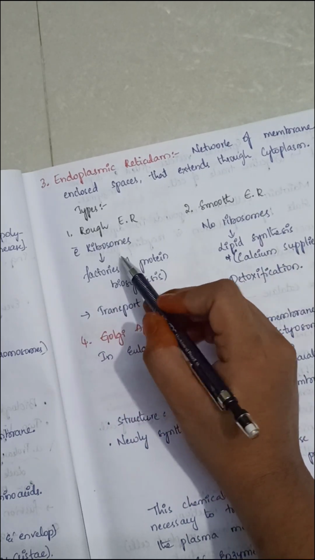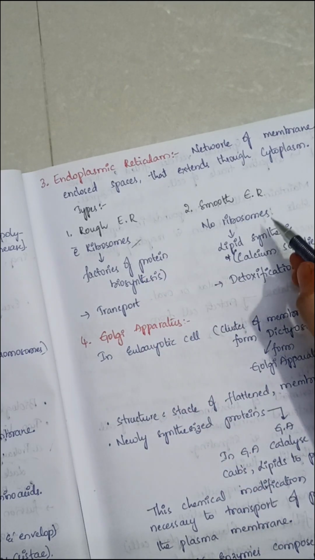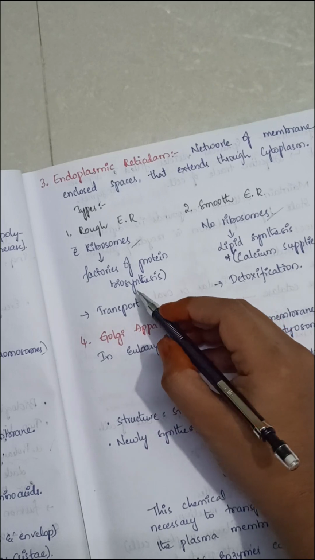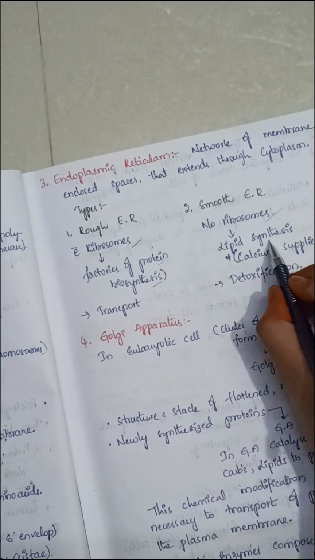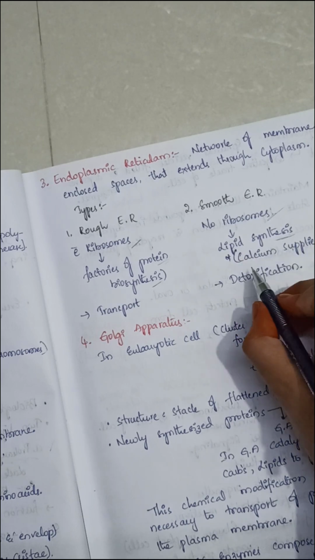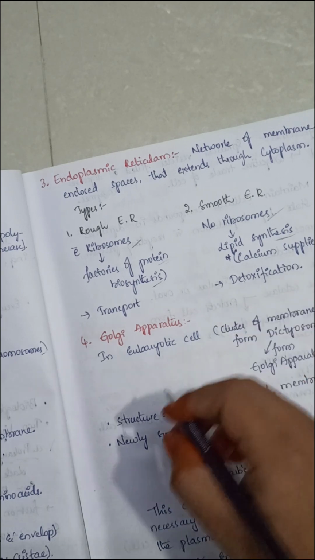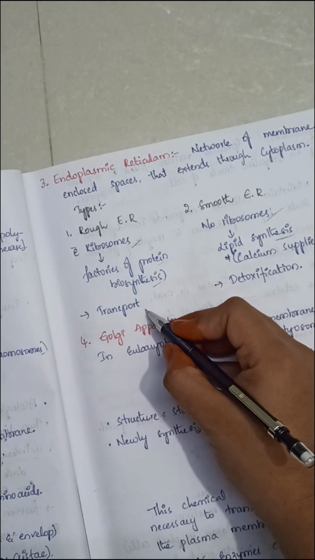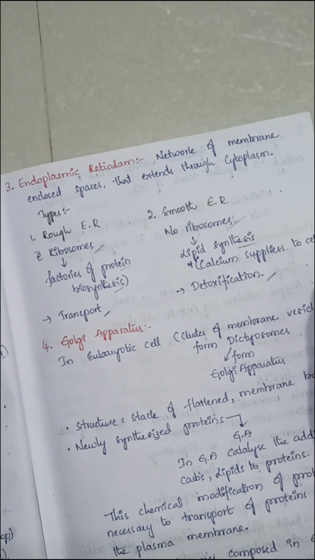Rough endoplasmic reticulum is attached with ribosomes, and the smooth one doesn't have ribosomes. Rough ER is the factory for protein synthesis, and smooth ER is for lipid synthesis, and it is also important in supplying calcium to the cell. Rough ER helps in transportation, and smooth ER helps in detoxification of the cell.